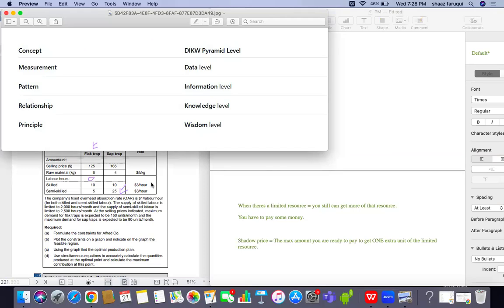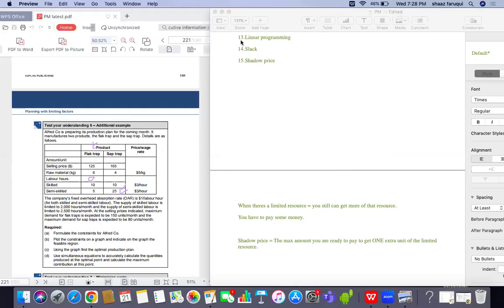Relationship, principle, pattern. Yeah, sure, I'll do that. Just send this to me if you can. But let me just complete. Exactly the same question came. Okay, no problem. Just send it to me on WhatsApp.